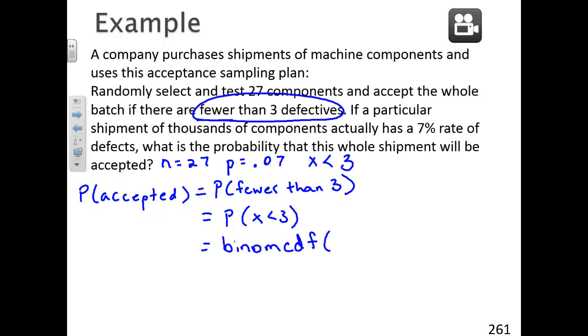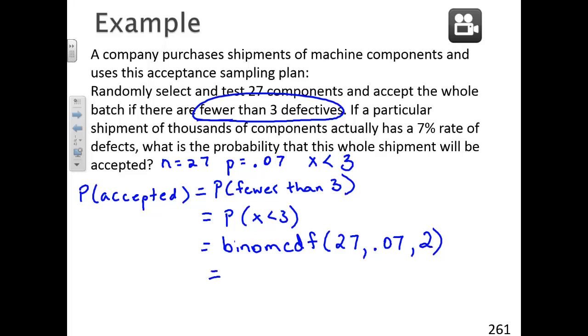We want to enter 27 for our number of trials. We're going to enter 0.07 for our probability value. And then, here's the tricky part. 3 is not included in the values that we want the calculator to add for us. So we have to stop it at 2. We're going to stop it at the next lowest whole number.